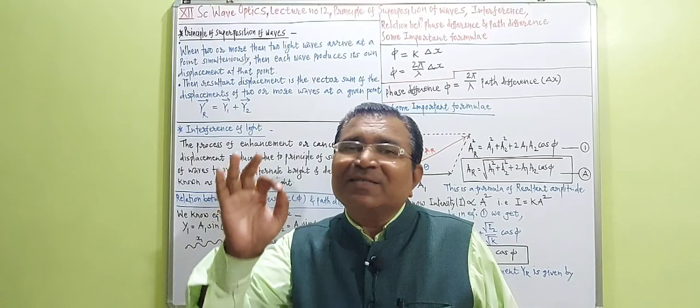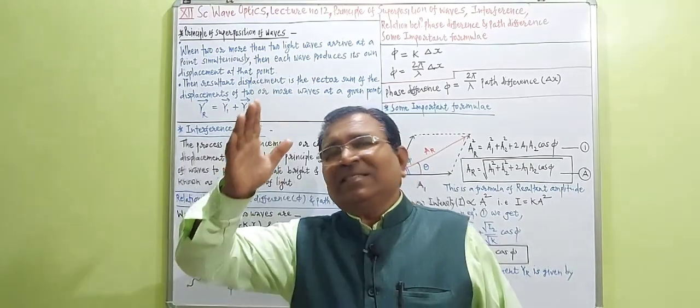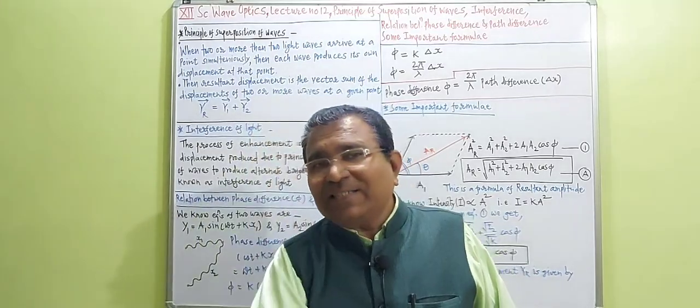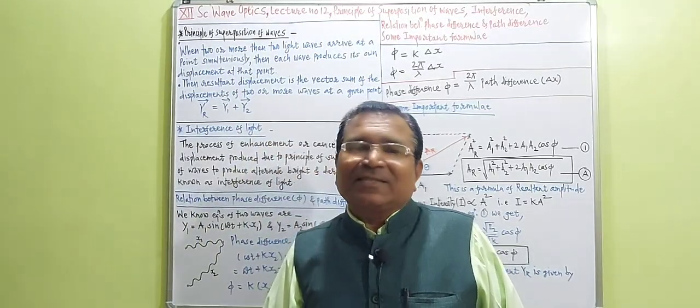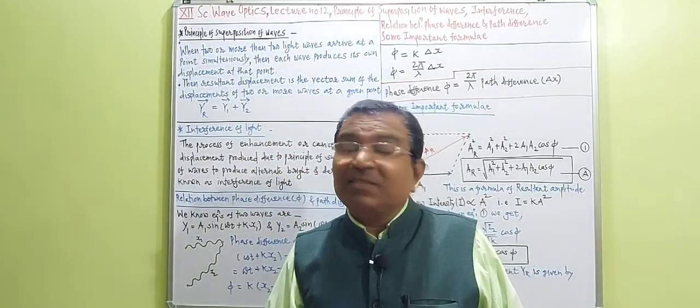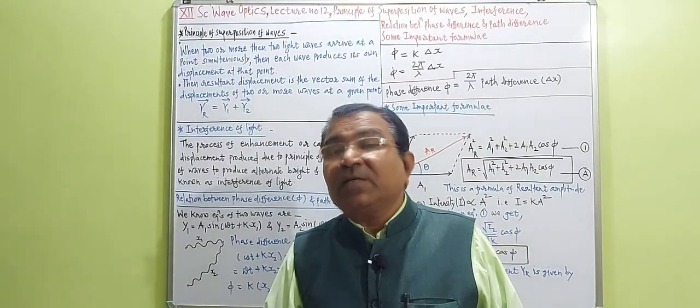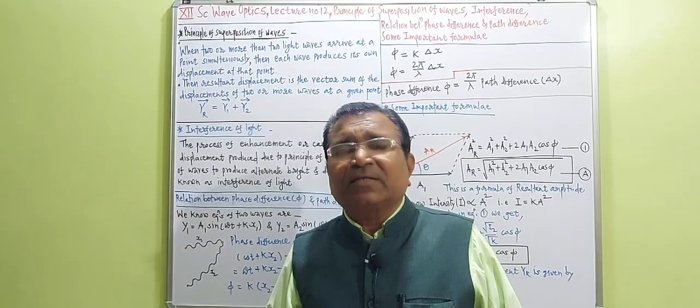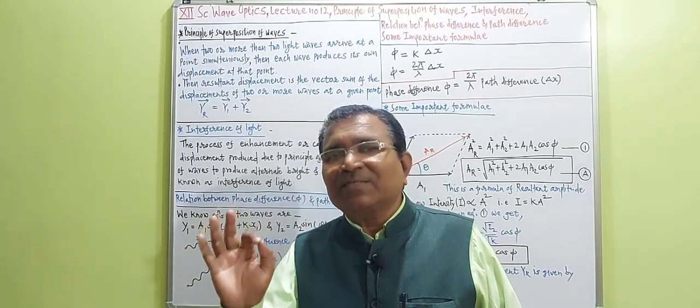Omega is nothing but the angular frequency. Frequency must be constant to get a well and sharply defined interference pattern. This is the most important thing: the frequency of the waves should be the same to get a steady interference pattern.